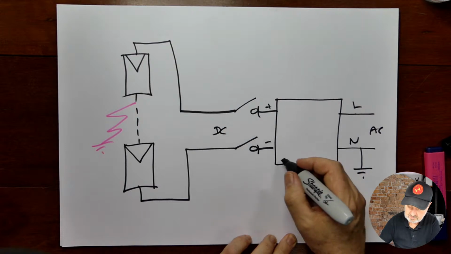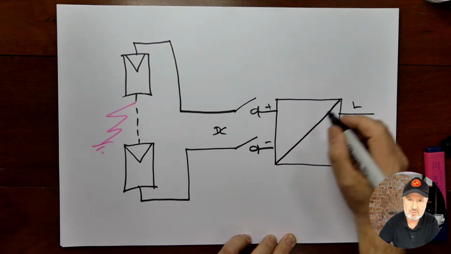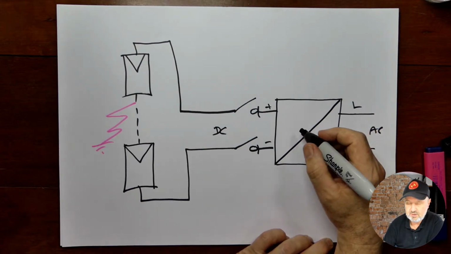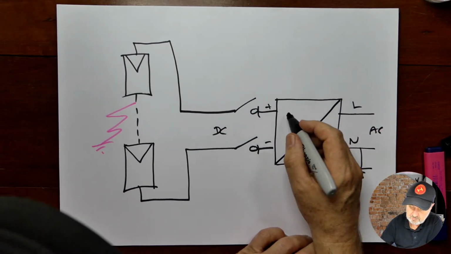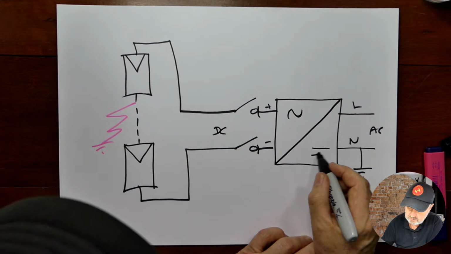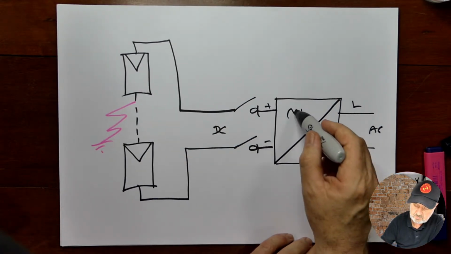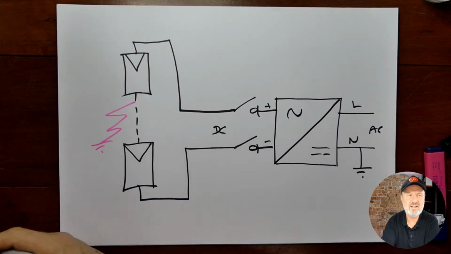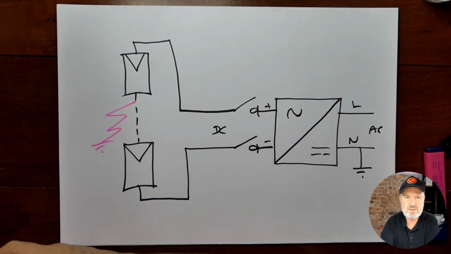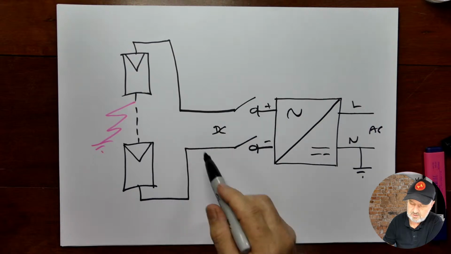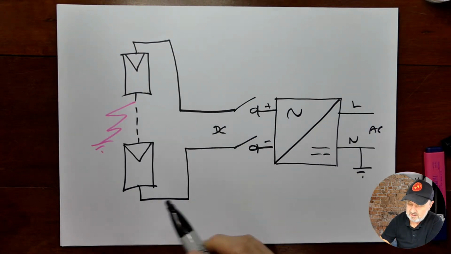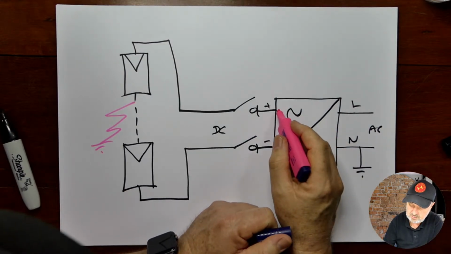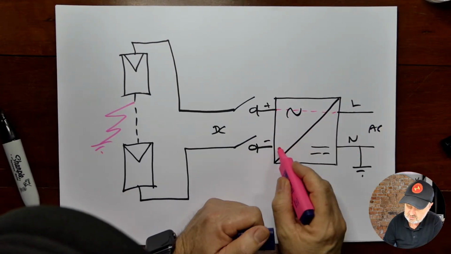But these days, we use inverters that are non-isolating, and there's the symbol for an inverter, and before you shoot me, you don't have to put the AC and the DC on the side that the connections go. It's just a convention of a drawing for a symbol. So it converts DC to AC, but inside there is no galvanic isolation. So you could think of the connections like this.